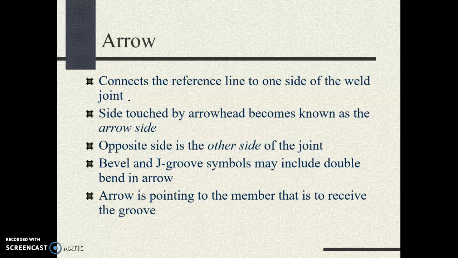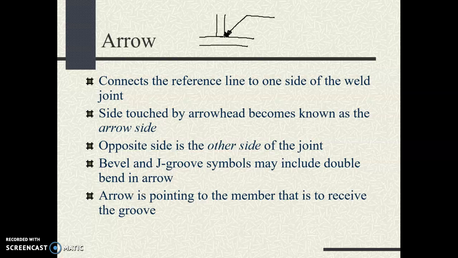Okay, so the arrow, let's imagine we have a T-joint. We have two plates here. So if we have our weld symbol pointing here, this joint, where these two plates meet each other, has two sides.